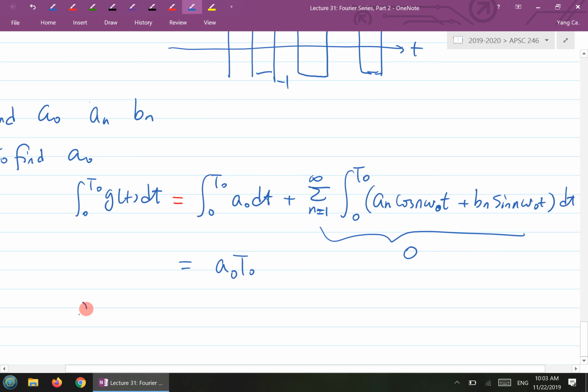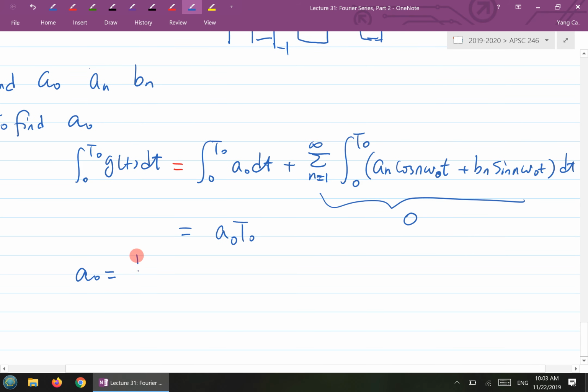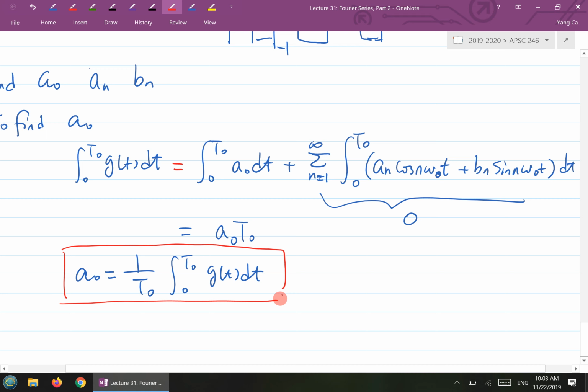So which means a naught equals 1 over T naught times the integration of the periodic function from 0 to T naught. Okay, so that's a naught. There, so we got one done.